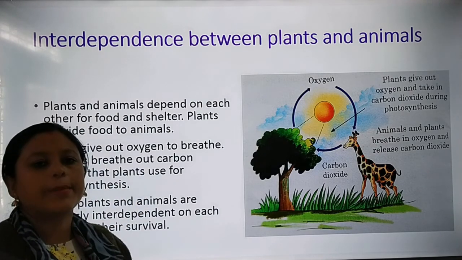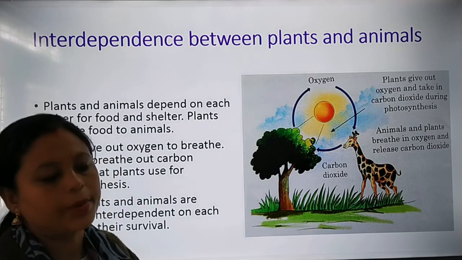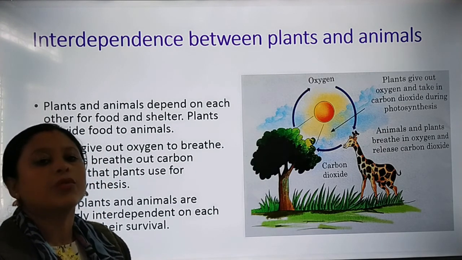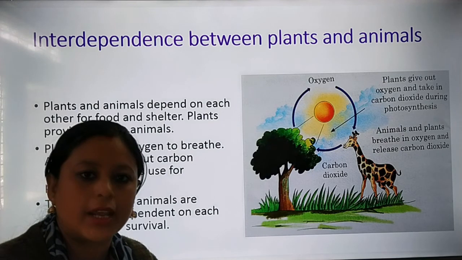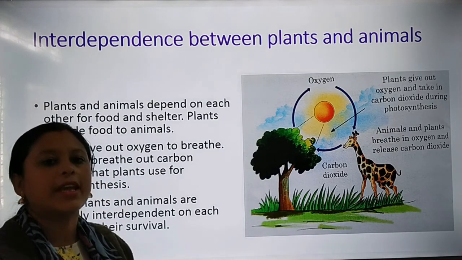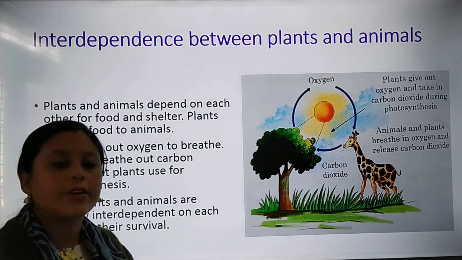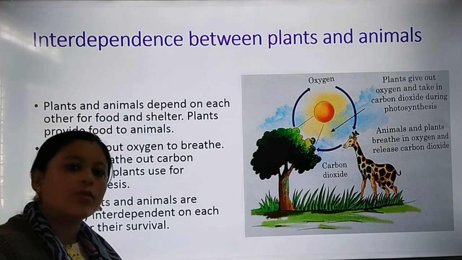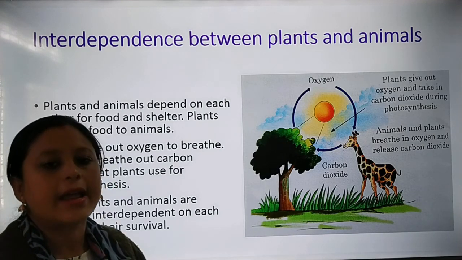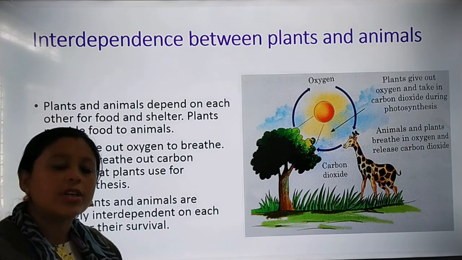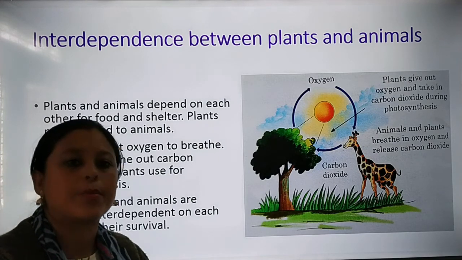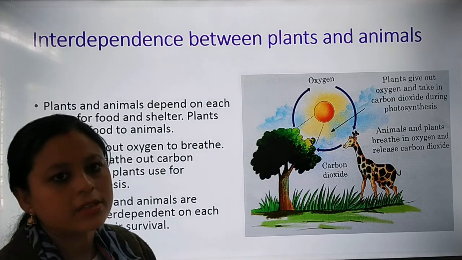So we living organisms, human beings and animals, all need oxygen to live. We all need food to live. That oxygen and food we get only from plants. Understood? And plants need carbon dioxide from human beings or animals.